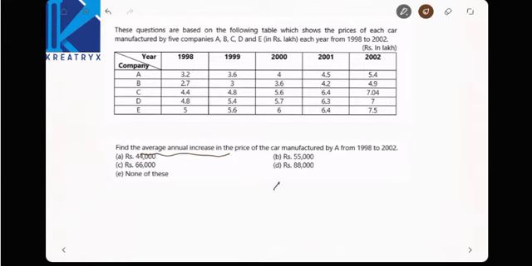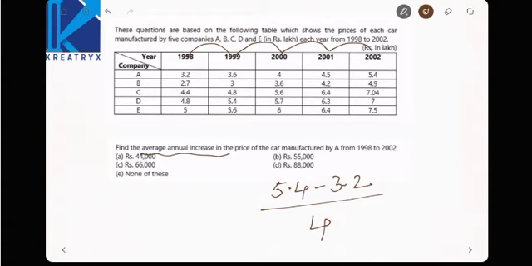Now the last year is 5.4, the initial year is 3.2, right? Divided by, see here, how many year changes are there. 98 to 99 will be 1, 99 to 2000 will be 2, 2000 to 2001 will be 3, 2001 to 2002 will be 4. Now that must be written in the denominator. Now you will get the answer very easily.